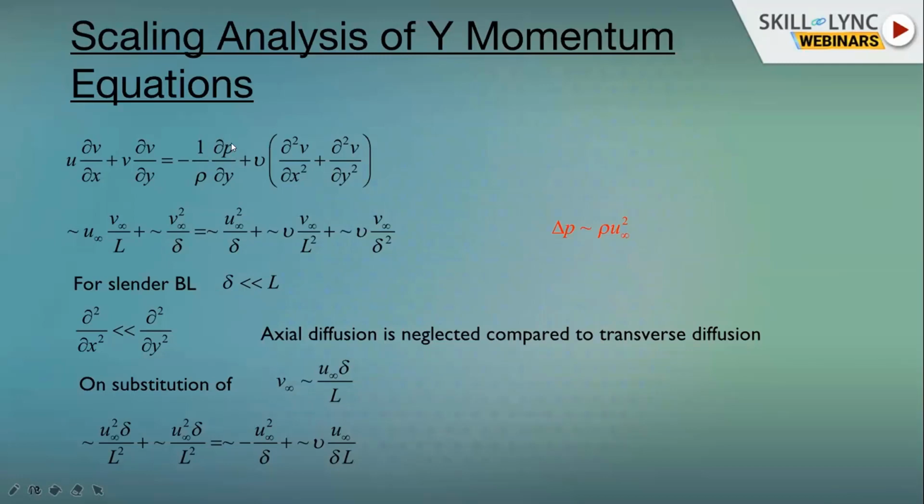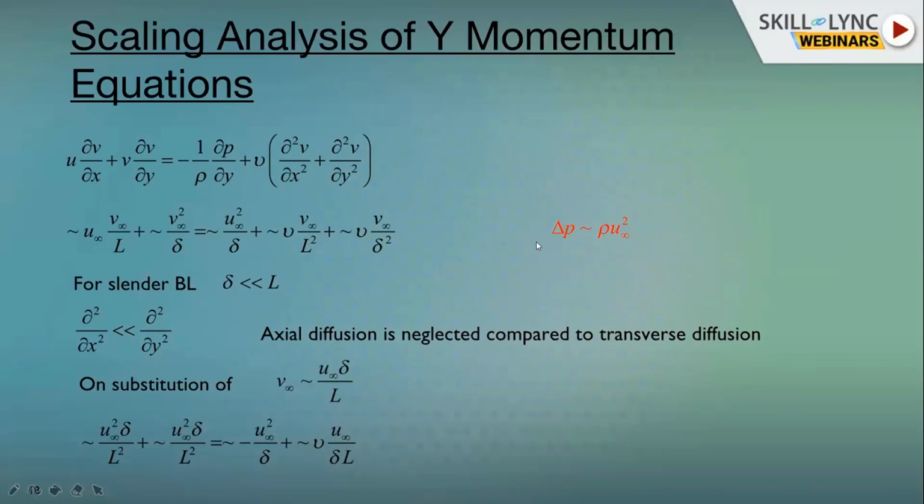Then there is the unknown term over here, the pressure gradient. We don't know what the pressure is. From the dimensional analysis, we can find that delta p is of the same order of magnitude, the same dimension, as rho u infinity square. This is purely dimensional analysis. Even if you have solved the Bernoulli equation earlier, you can see that they are almost the same, dimensionally the same, right?